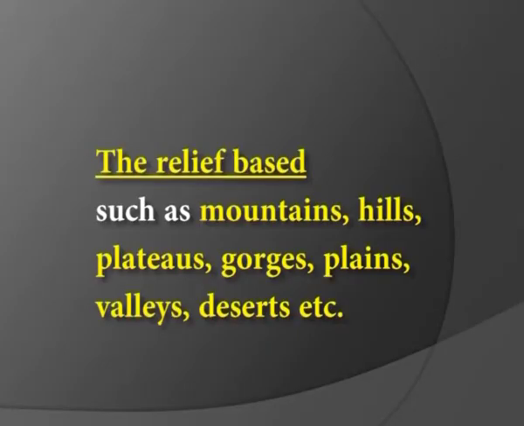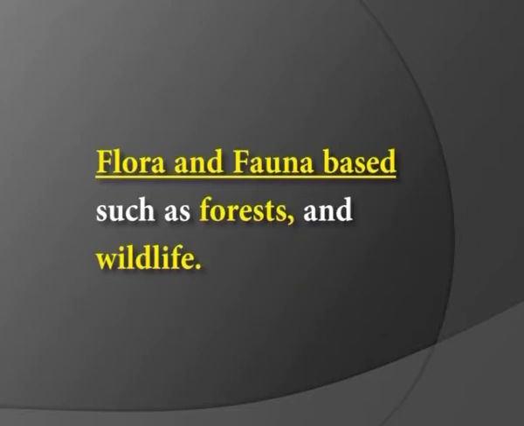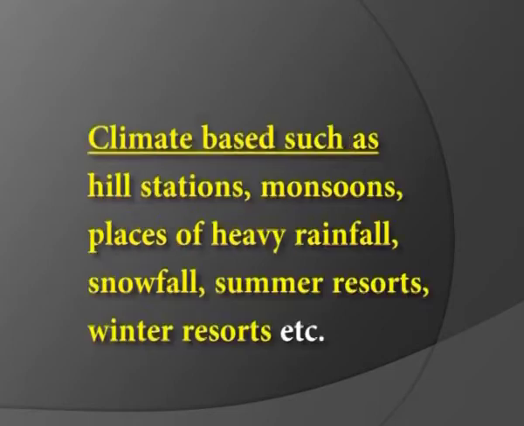For your convenience, let me first list out the major types of natural resources. The relief-based, such as mountains, hills, plateaus, gorges, plains, valleys, deserts, etc. The water-based, such as rivers, lakes, seas, oceans, waterfalls, beaches, ponds, springs, etc. Flora and fauna based, such as forests, reserves and wildlife.